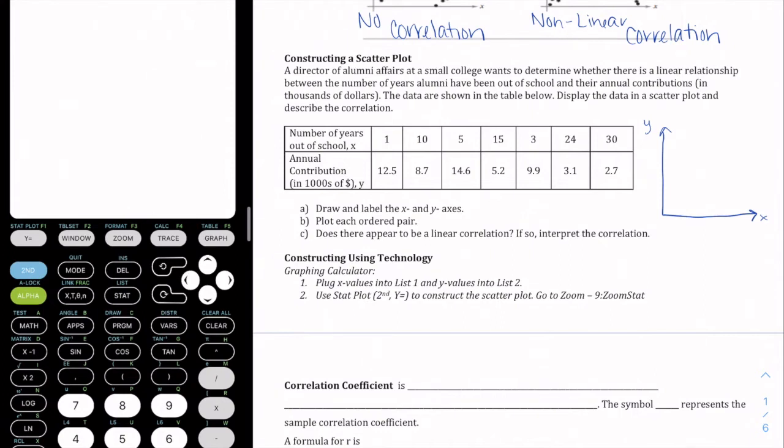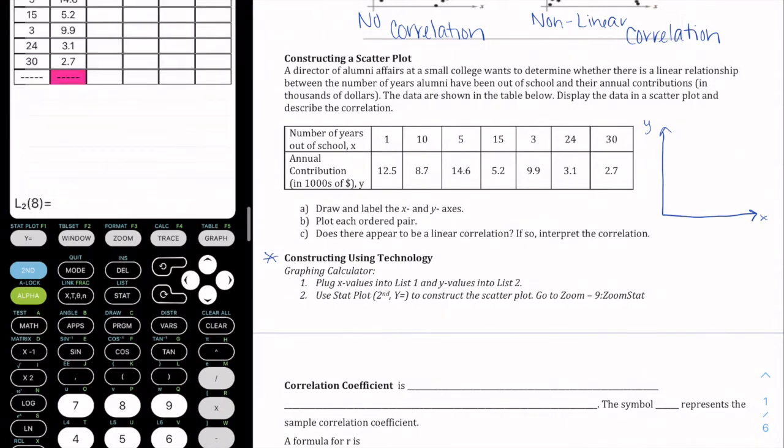But we're going to use technology to do this. So you're going to go into the graphing calculator. You're going to go to Stat. And I think mine are actually going to be in here. Edit. Yep. So you're going to put all of your X values in L1 and all of the Y values into L2.